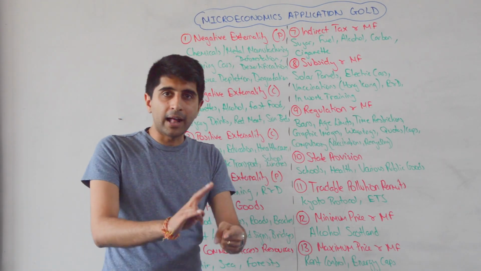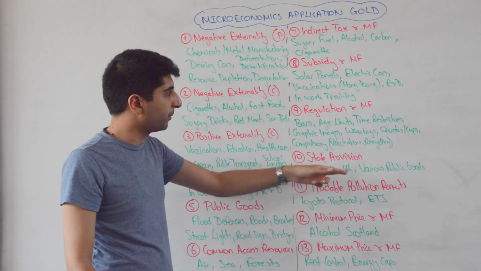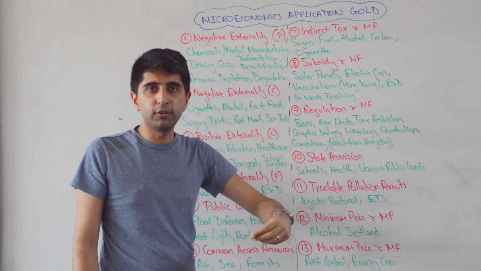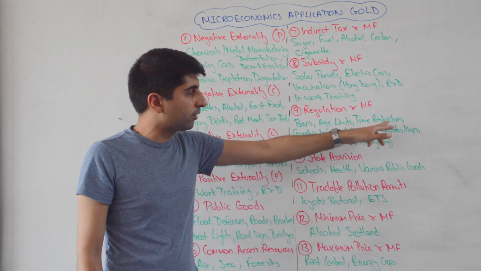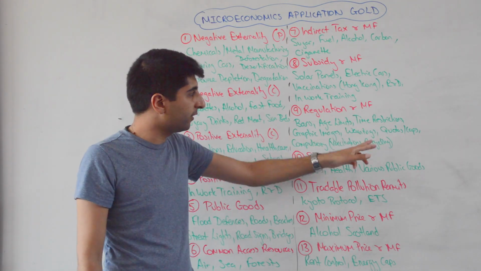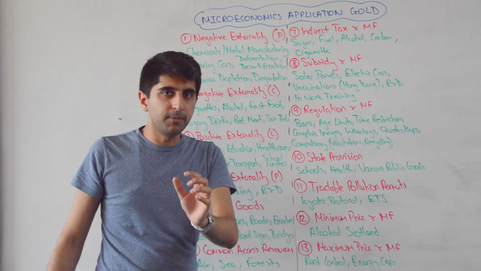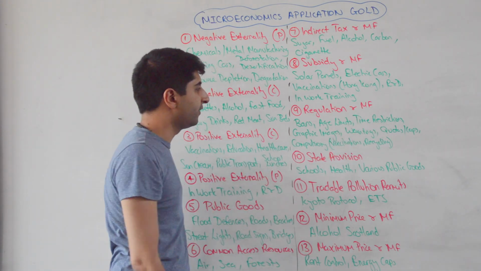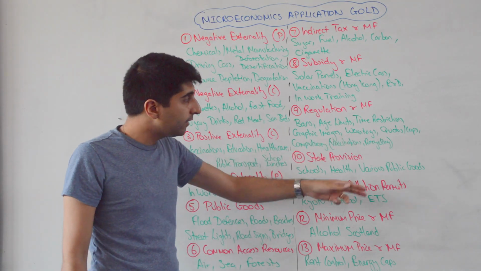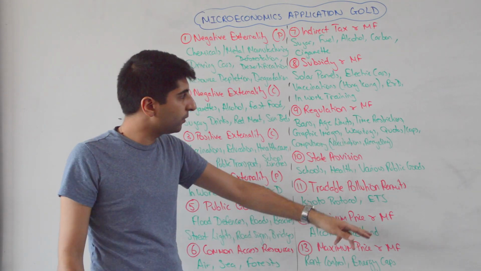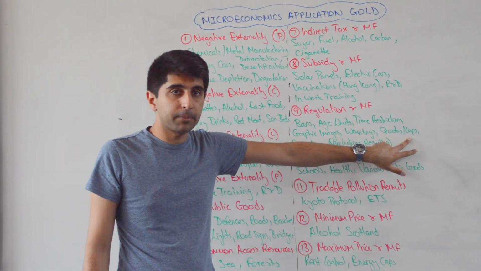Things like age limits on alcohol, on cigarettes, they're good examples there. Time restrictions, so in countries like Scotland, in European countries, there are time restrictions on when alcohol can be served, so often not after 11 p.m. Graphic images on cigarette packets, warnings on cigarette packets like smoking kills. Quotas and caps, so pollution caps for example.